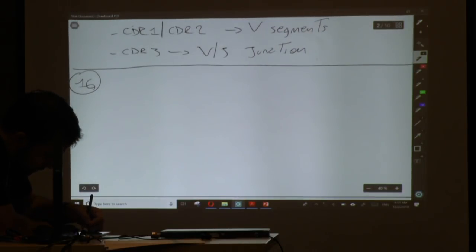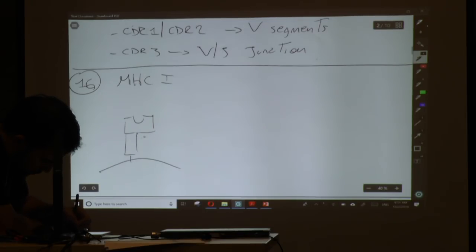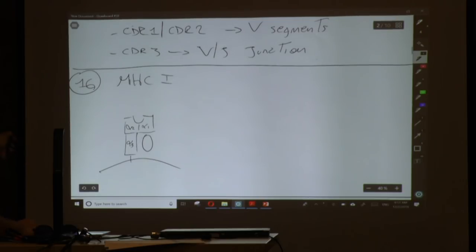So MHC1 is going to look like this. Alpha 1, alpha 2, alpha 3. The only transmembrane chain, which refers to which part of the protein binds to the cell, is on this 3rd subunit of MHC.